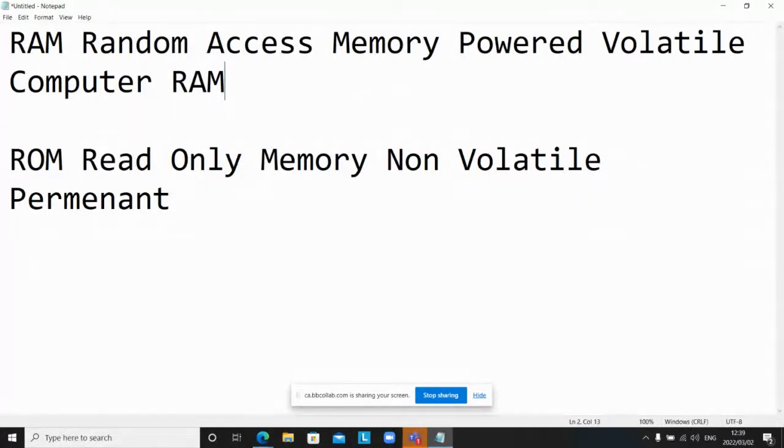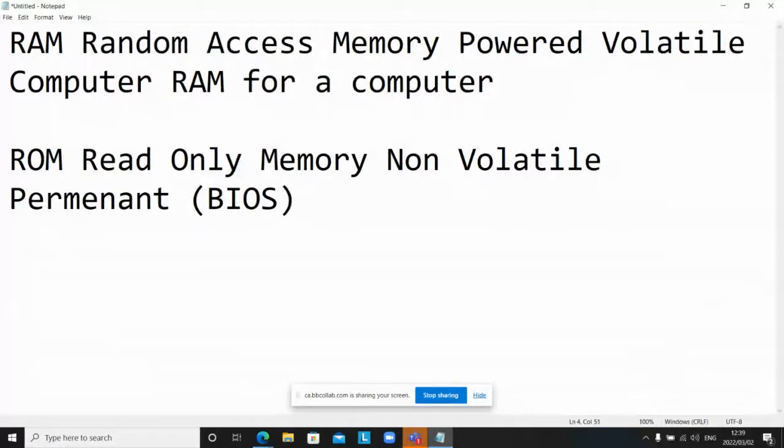Random access memory. Let's keep it simple as RAM for a computer. I'm not going to go further than that. Let's leave it as simple as that. ROM can be your basic input-output system.